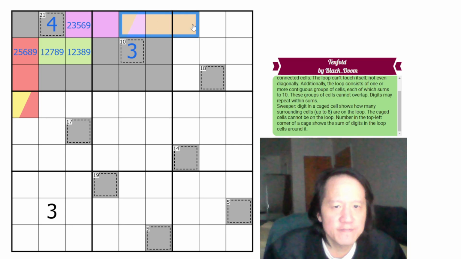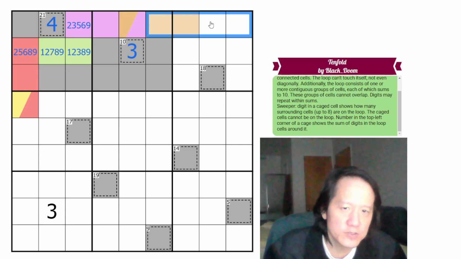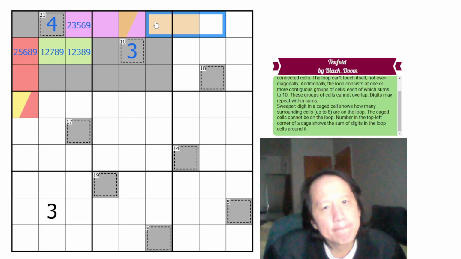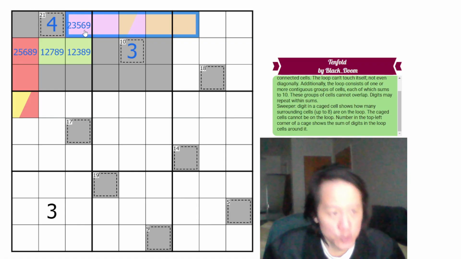You cannot have 4 digits. Well, you still could have 3 here. So these 5 digits at least add up to 20. So you know then that these 3 digits have to add up to... Sorry, this is at most 20.